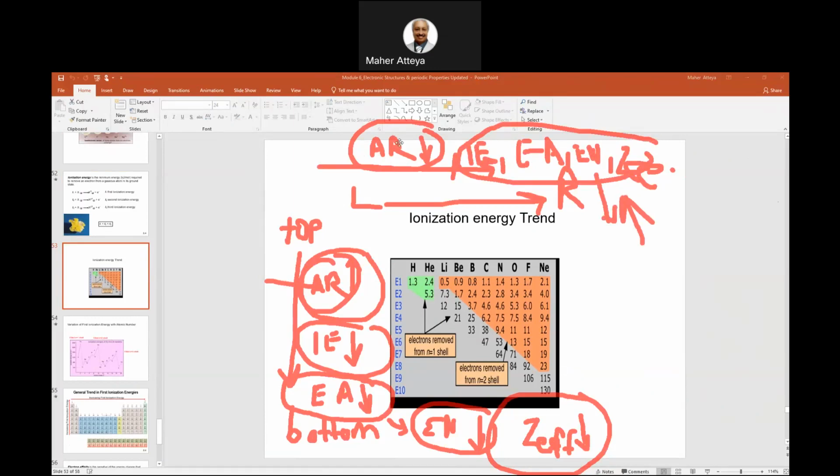Why? Because the radius is going down, they have to go up. Are you following me here? So they are the opposite, and that's what we have there.